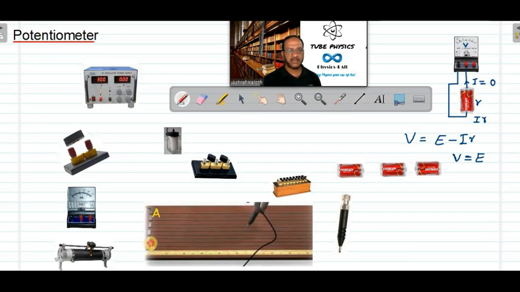It is a 10 meter wire of high resistance. It is fixed on a wooden board, and there is a 1 meter scale also fixed here. By using that scale, we can take the balancing point, balancing length.